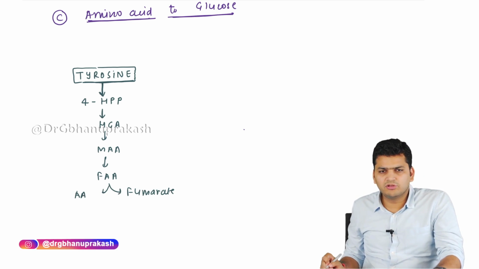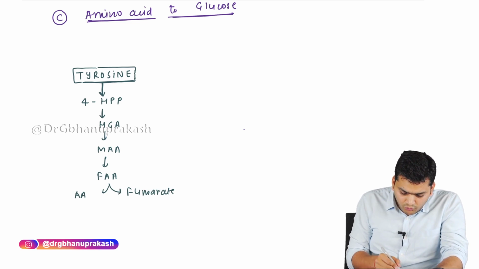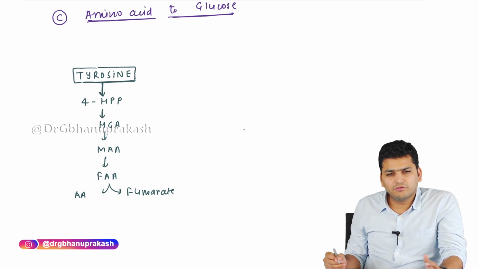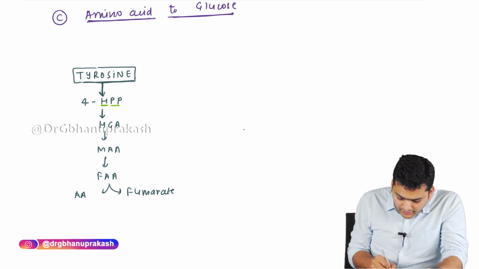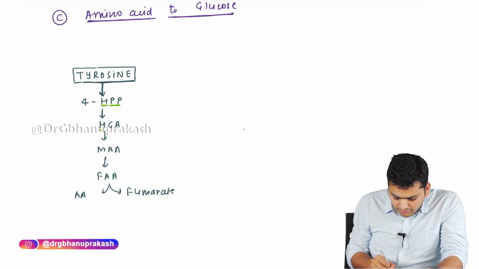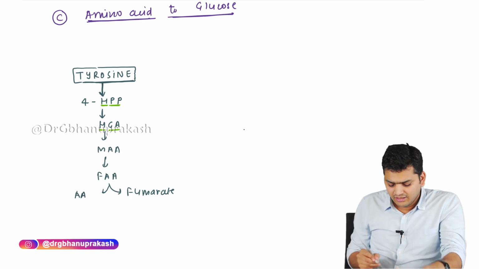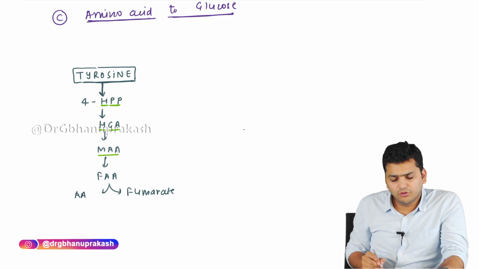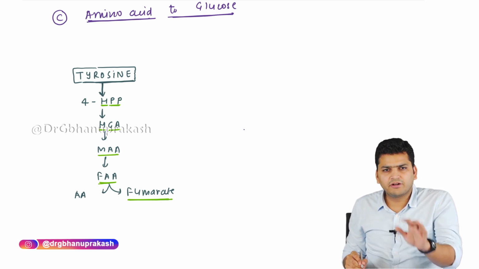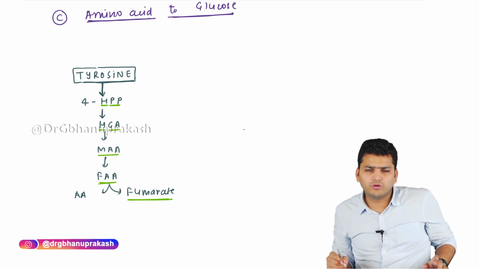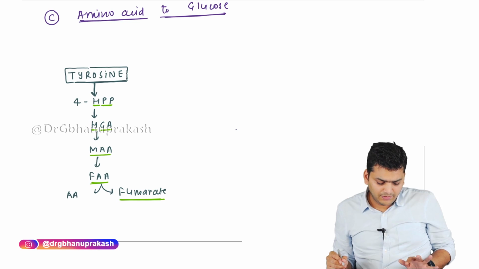This is the tyrosine catabolism pathway. The mnemonic that I told you to remember is the sequence of events when you have an alcohol party. हम पहले पीते हैं, first we drink, then हम गाते हैं, that is singing, then the mother will come into the picture, then the father will come into the picture, and ultimately is the fumarate. Yes, that was the mnemonic we used to remember the tyrosine catabolism pathway.